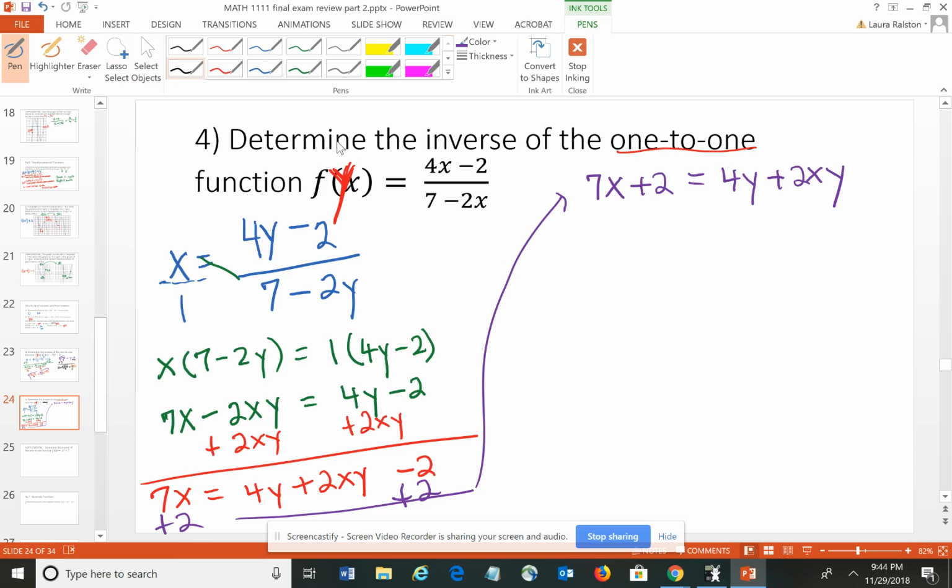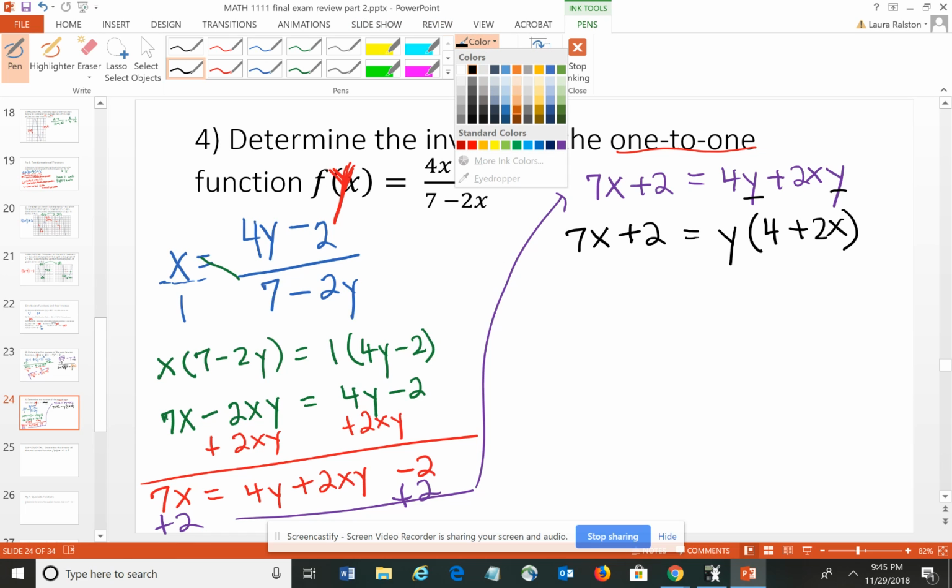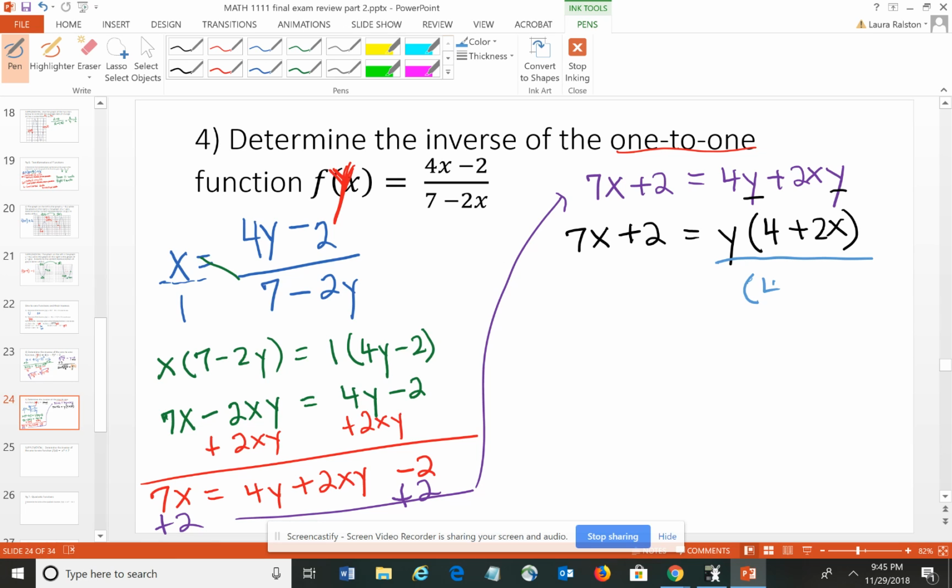I then notice on the right hand side, I have a y in common. So I'm going to factor that out. So I have 7x plus 2 equals y, and I have 4 plus 2x remaining. And I'm almost home free. I need to do the division to divide out the 4 plus 2x.